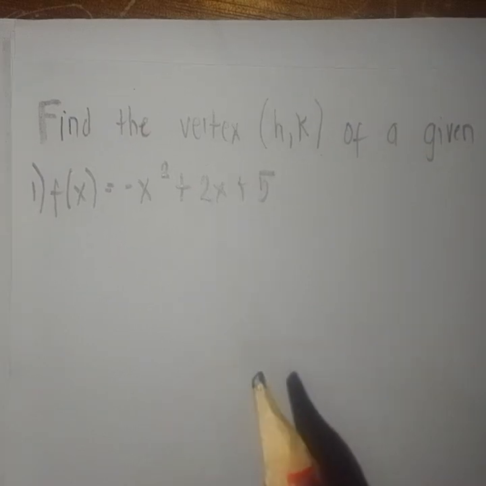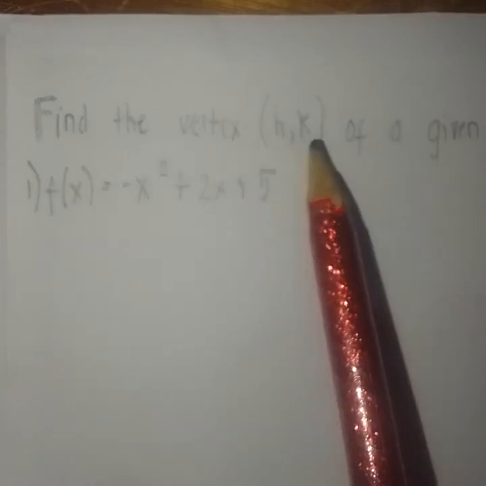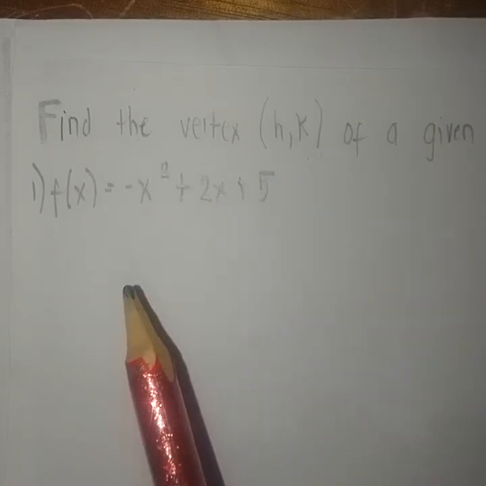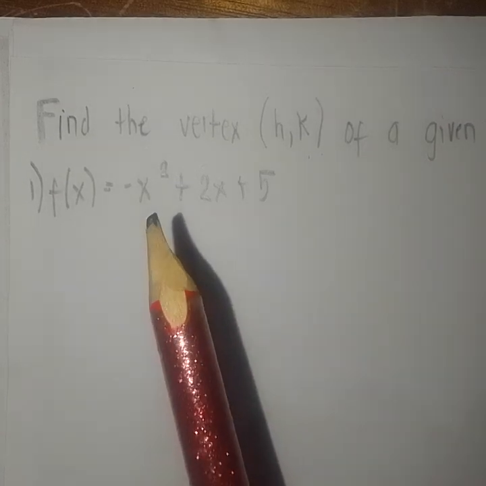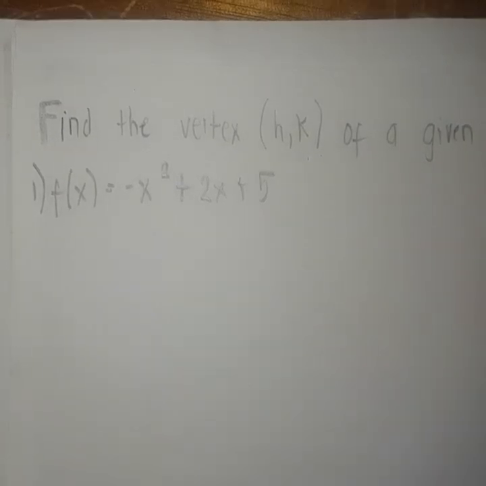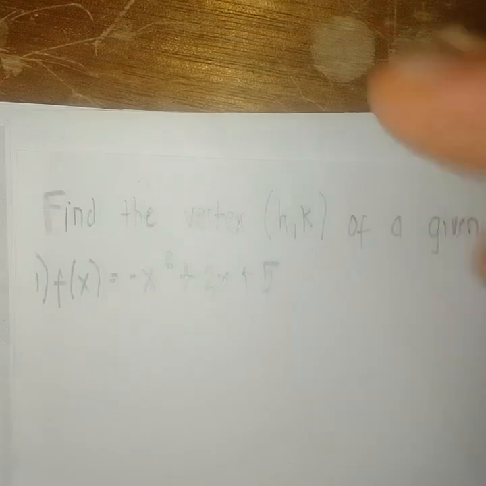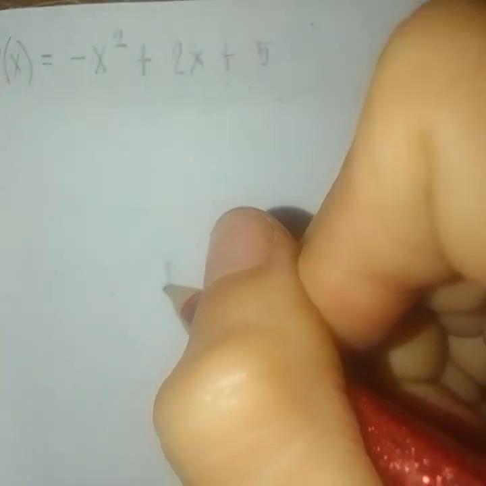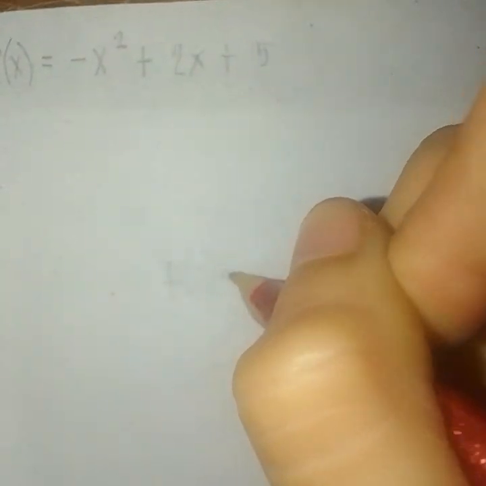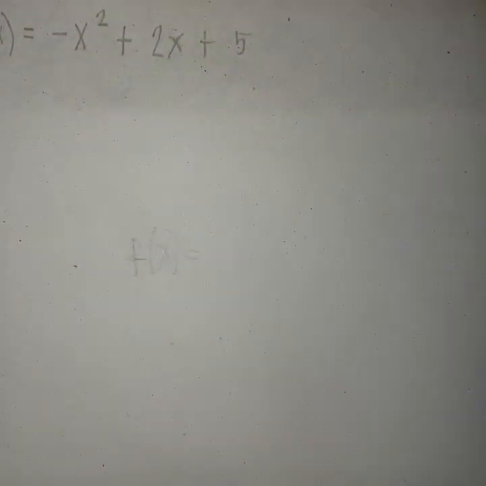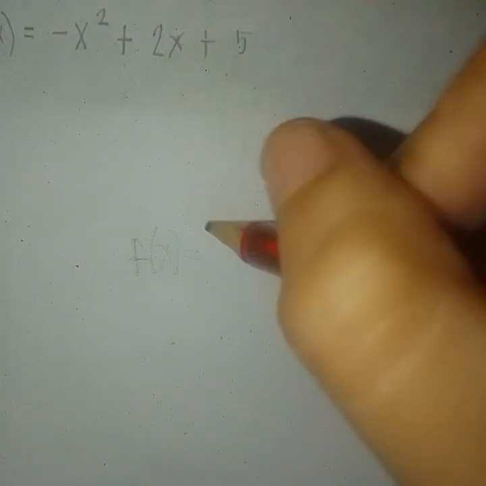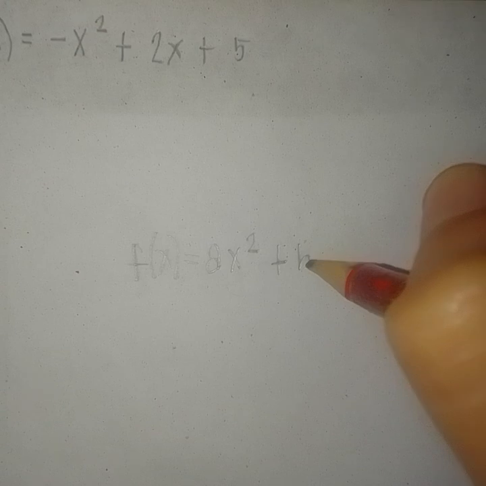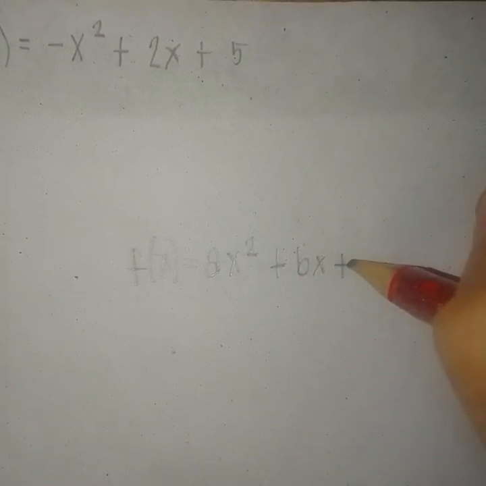Steps in finding the vertex represented by (h, k): first, you have to make sure that the given quadratic function is written in standard form. We have the standard form f of x is equal to ax squared plus bx plus c.